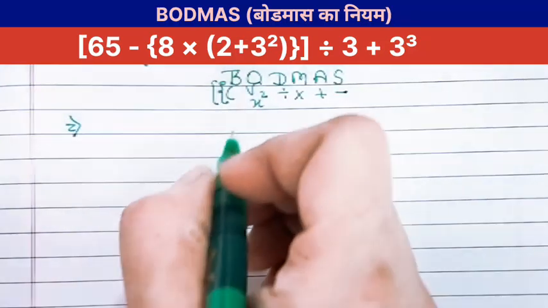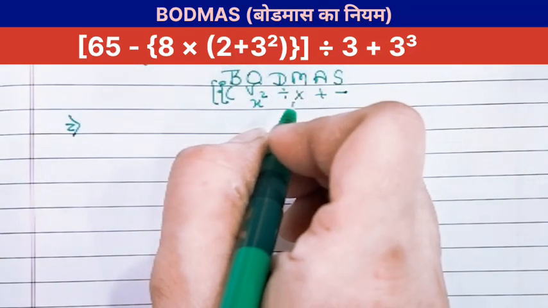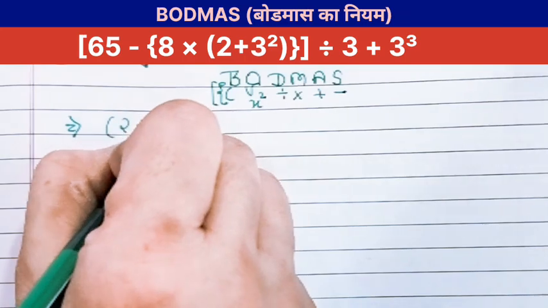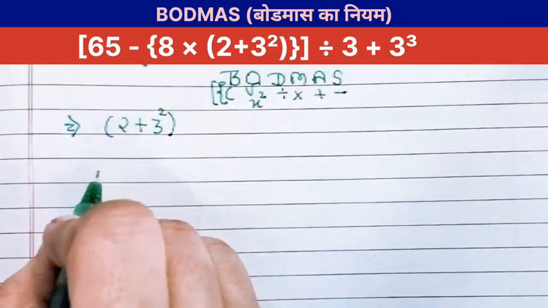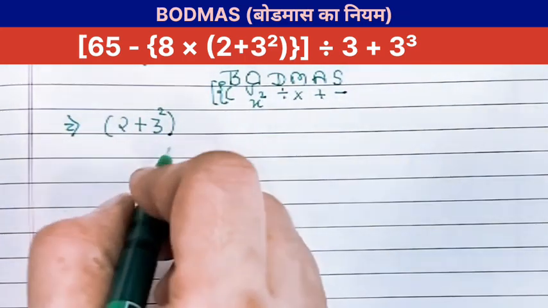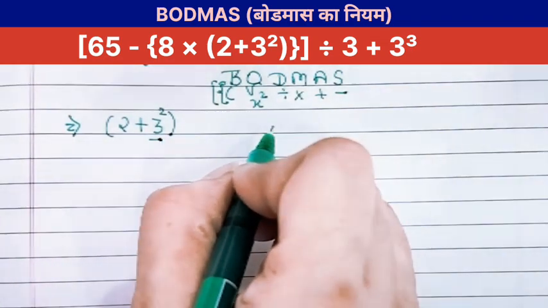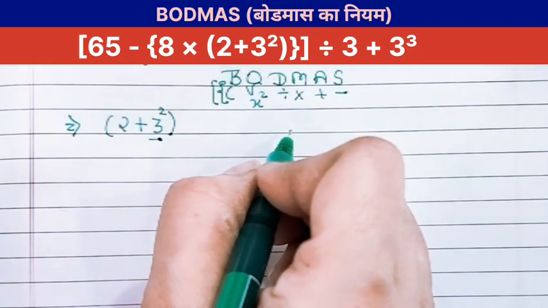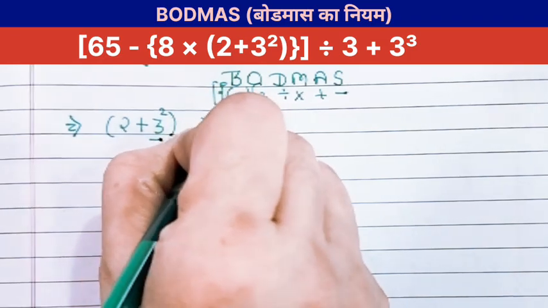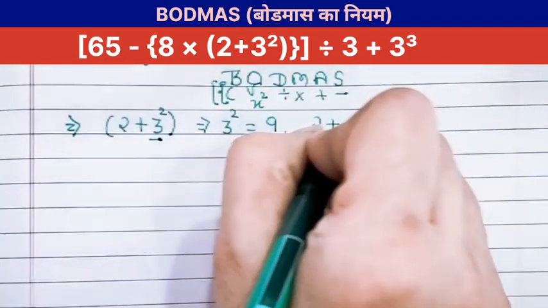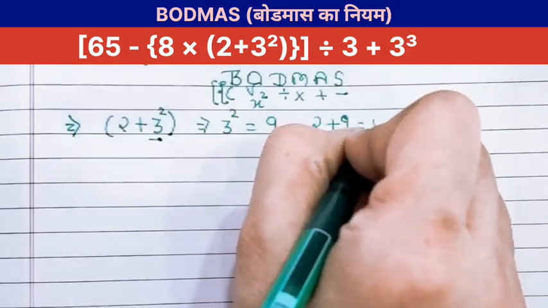Now first, simplify the inner exponents orders, which is 2 plus 3 square. Look inside the innermost parenthesis, solve the exponents first: 3 square. BODMAS rules state that the inside bracket order exponent must be solved before addition. So first we solve 3 square, which is 9, and then 2 plus 9 is equal to 11.